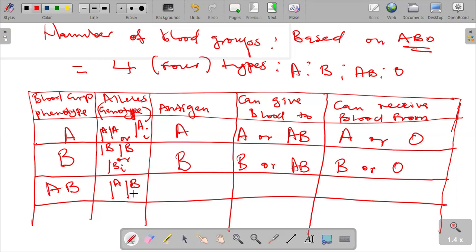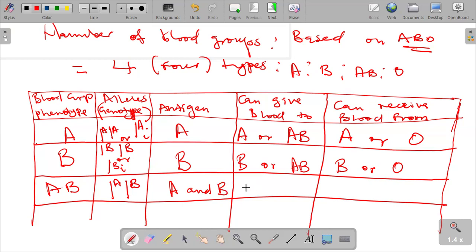And then what antigens are produced there? In this case, obviously it is AB, meaning we have antigen A and antigen B produced at the same time. And then can give blood to who?